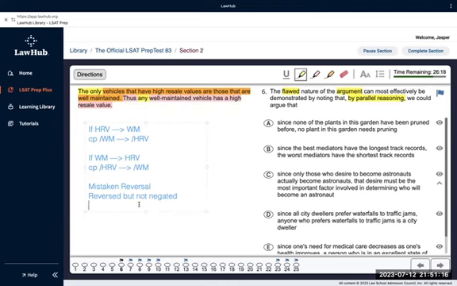And what they've done is they've taken a necessary condition as if it is sufficient, right?